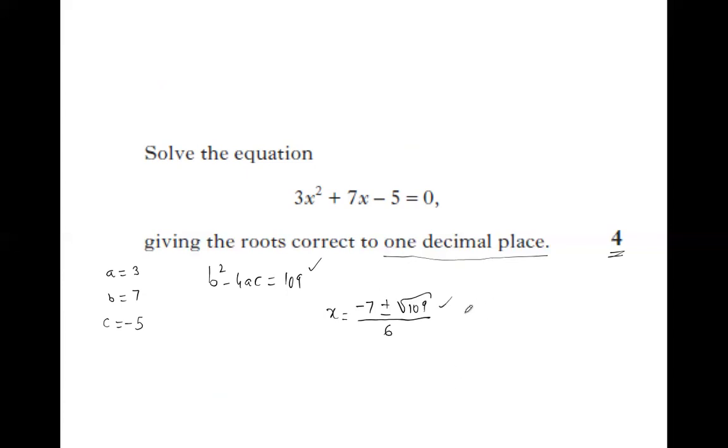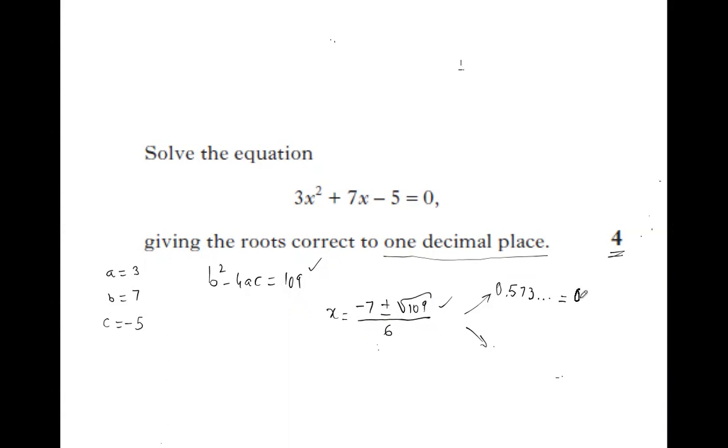And now we're going to do the calculation to get my third mark. So negative 7 plus root 109 divided by 6. 0.573. One decimal, please. 0.6.